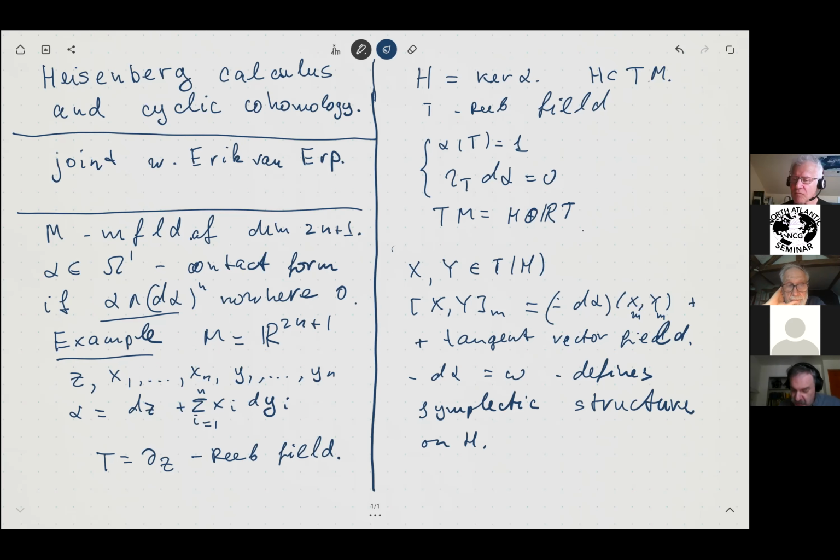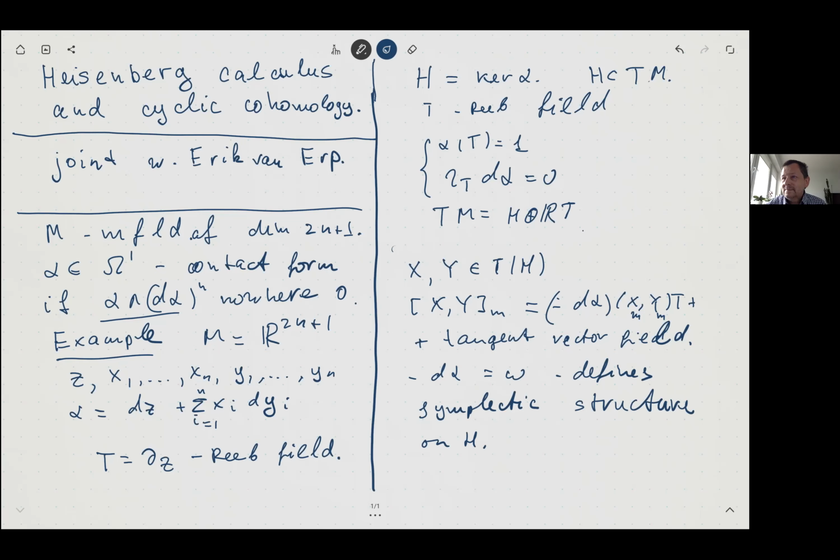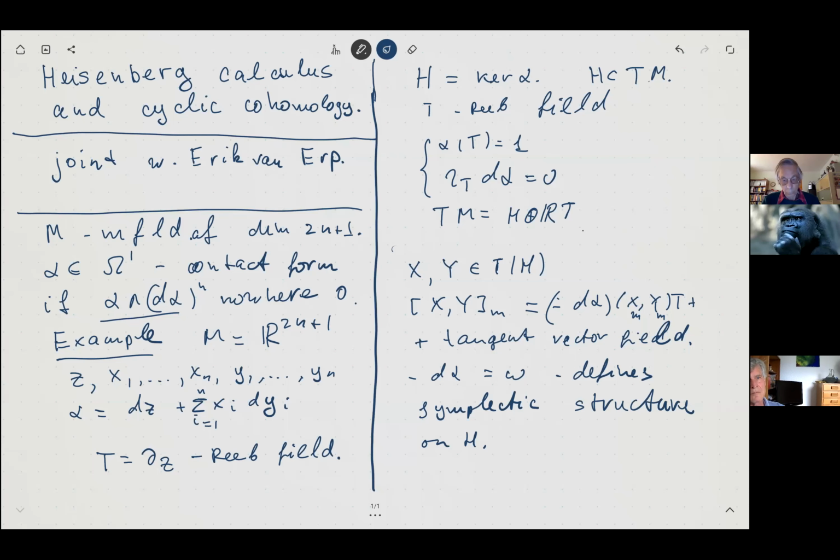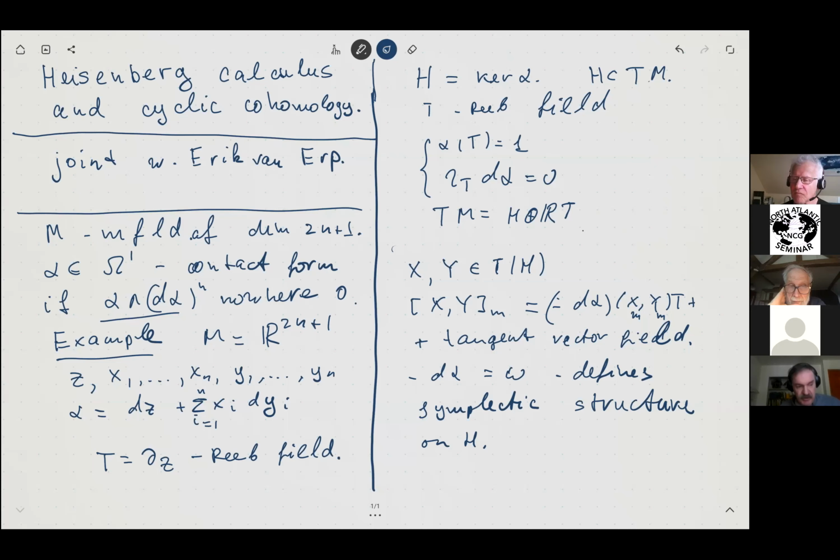I forgot here to write the transversal vector field T. So if you compute a bracket of two vector fields tangent to H, then generally it will no longer be tangent to H, but rather transversal. And this is the non-integrability condition. The fact that omega is non-degenerate just shows how often this happens.